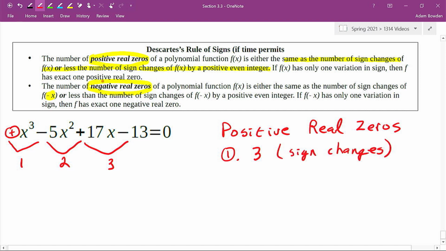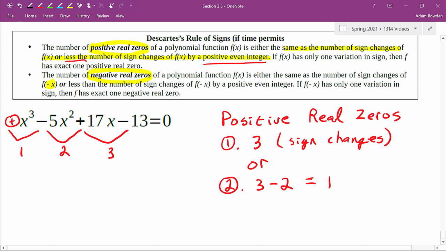Or it could be less by a positive even integer, so a total of 3 minus 2 equal to 1. Descartes' rule of signs would tell us one of these two would happen for positive real zeros. It could be 3 or 3 minus an even number, like 2, which would be 1.